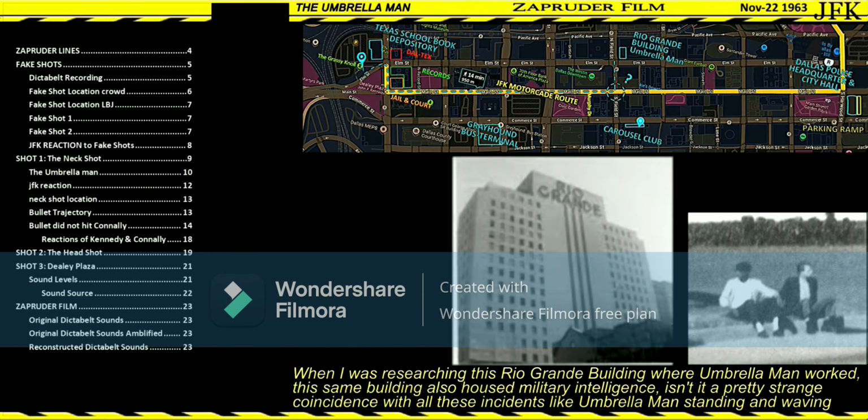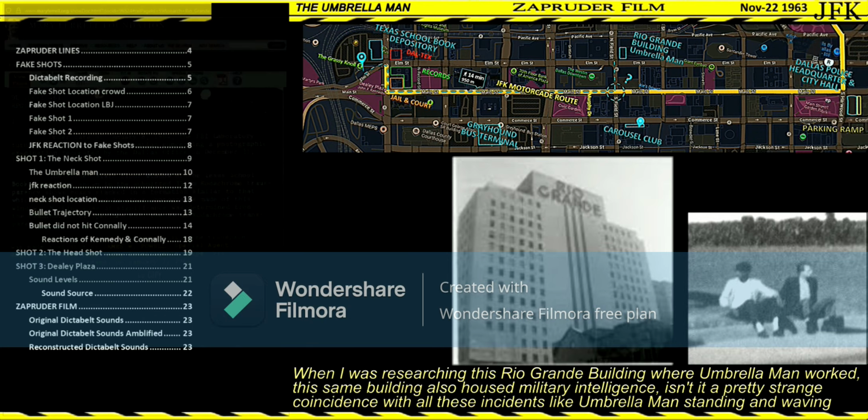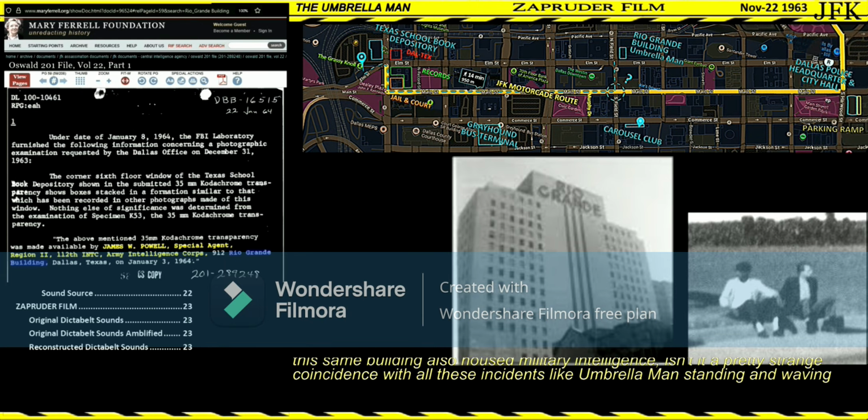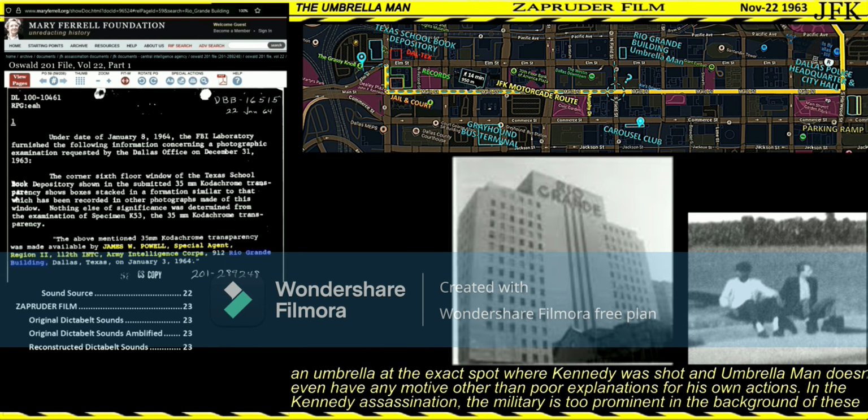When I was investigating this Rio Grande building where the Umbrella Man worked, this same building also housed military intelligence. Isn't it a pretty strange coincidence, with all these incidents like Louis Stephen Witt standing and waving his umbrella at the exact spot where Kennedy was shot, and for which he doesn't have a proper explanation for his actions other than poor explanations?